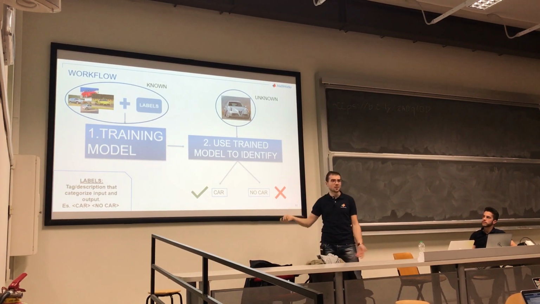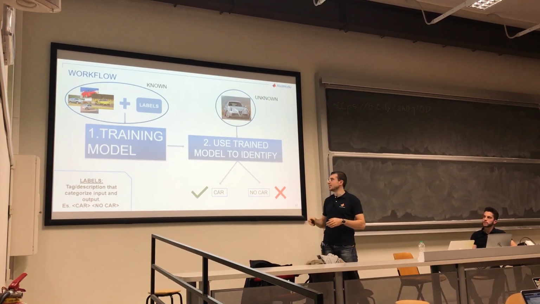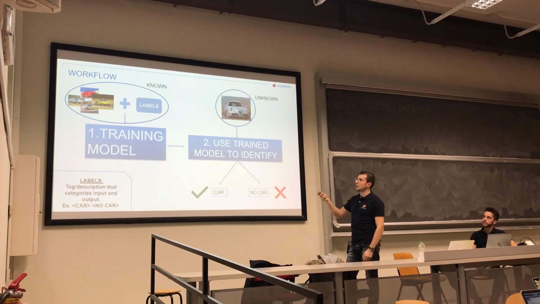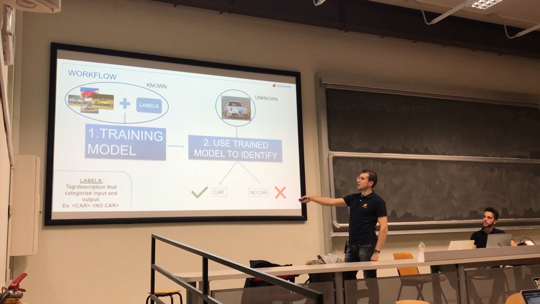So in this case, it's a car. Okay. This is again the basics of machine learning. And in this corner you will see a little bit of a glossary on each slide. Here label is this name, car, no car. So in this case it's a classification. Yes, there's a car, no, there isn't a car.